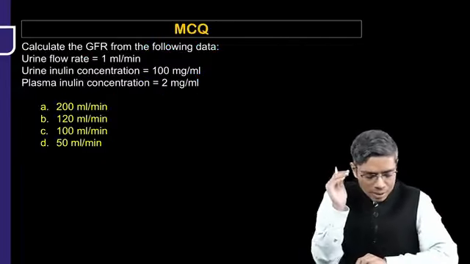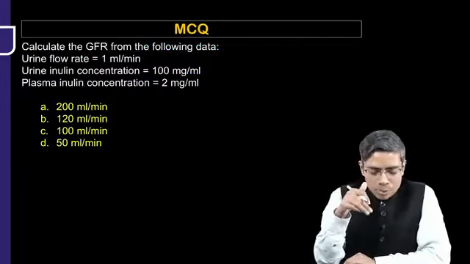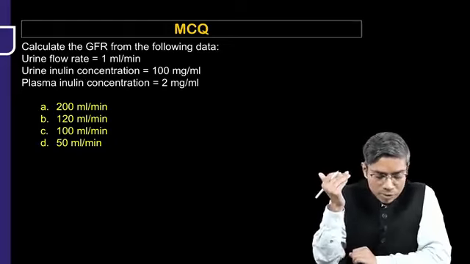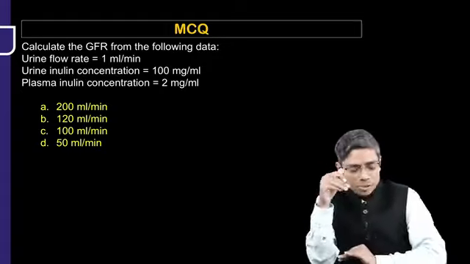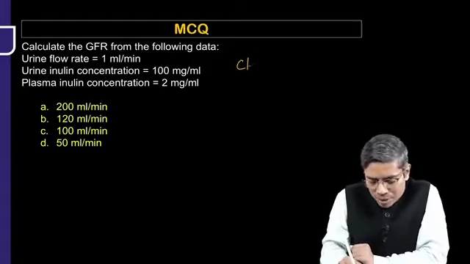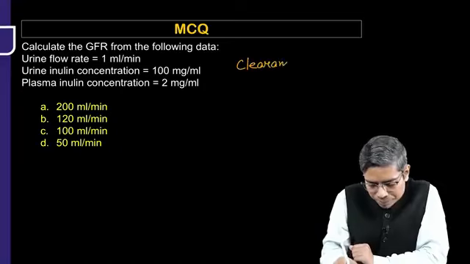Now next is one calculation you have to do with respect to tubular function. Here you have to calculate the GFR. We all know there is something called clearance.